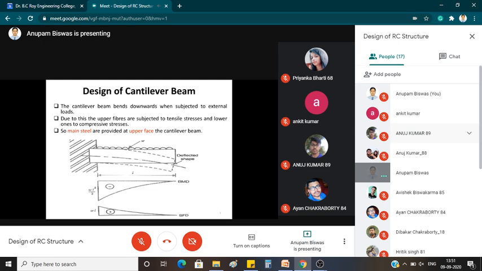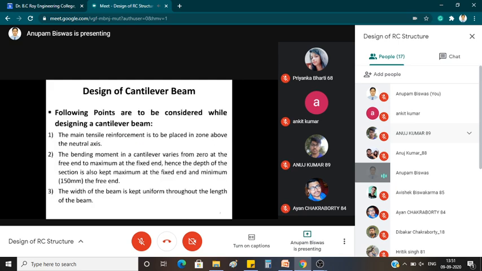So the main tensile reinforcement should be at the tension face, that means at the top face, unlike your simply supported beam. To follow the design, we have to consider some important points.